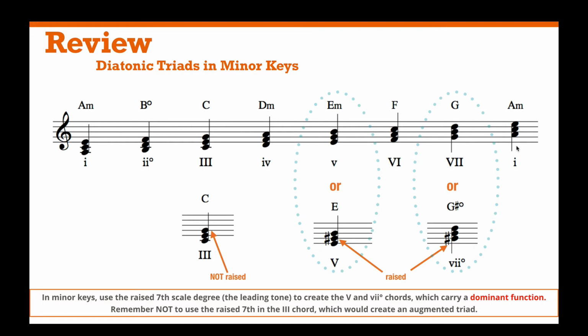If you're using the harmonic minor scale, that means you raise this G in both locations up to a G sharp. That means right here, instead of being a minor triad, with that G raised up to a G sharp, your 5 chord becomes major. And this is used very commonly, the harmonic minor scale, making use of the 5 chord being turned into a major quality triad is very common in minor keys.